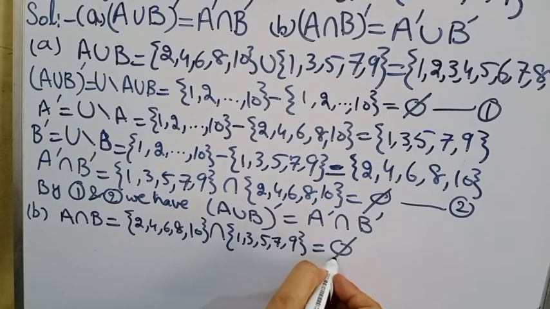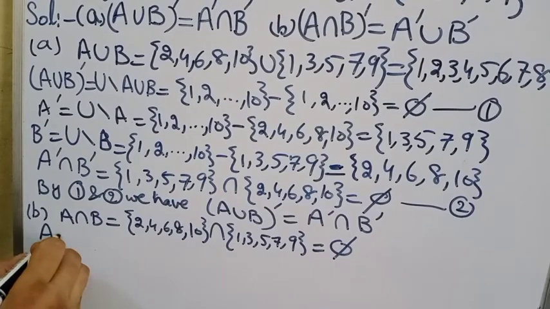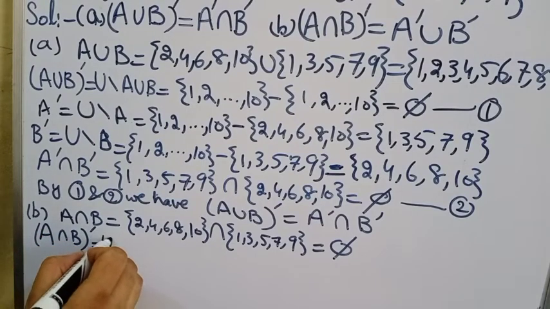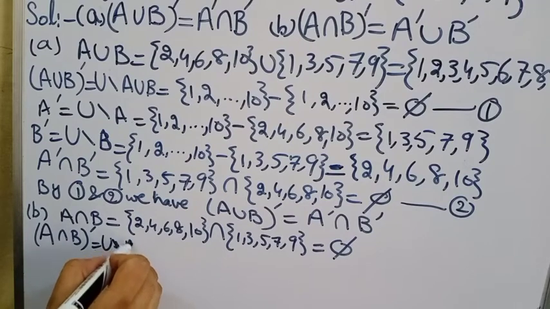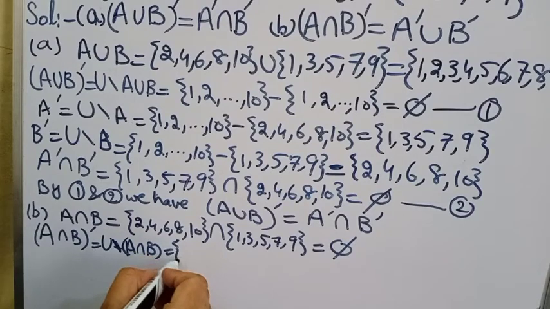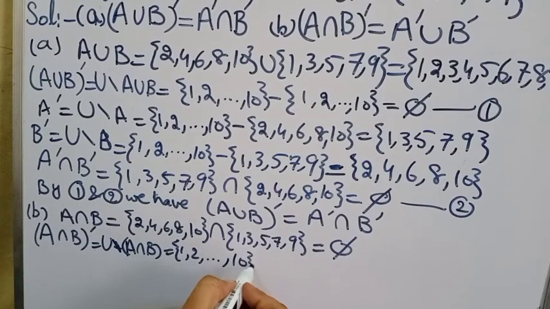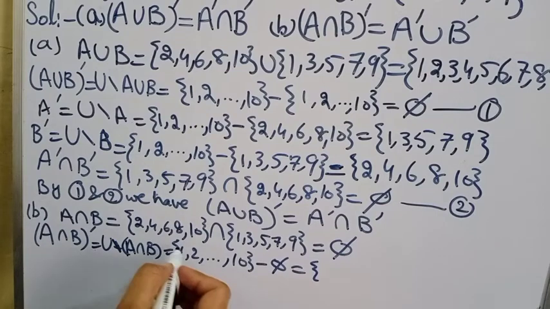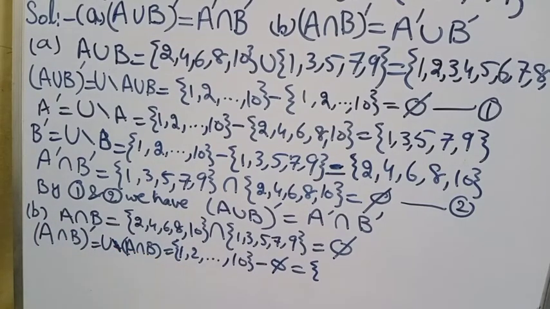Their intersection set must be empty, and A intersection B whole complement means universal set minus A intersection B. Universal set has elements 1, 2 up to 10 minus empty set, so it has all elements of the universal set.